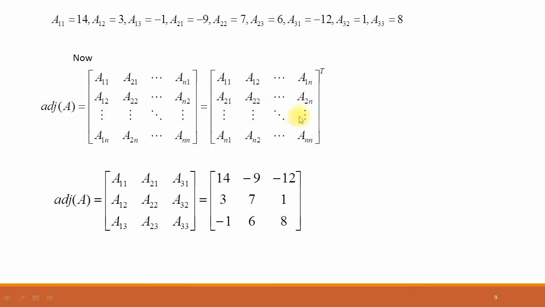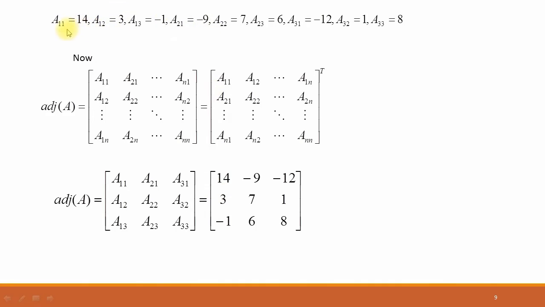Initially these cofactors lie in the row position, but when we apply the transpose, these cofactors shift to the column position.